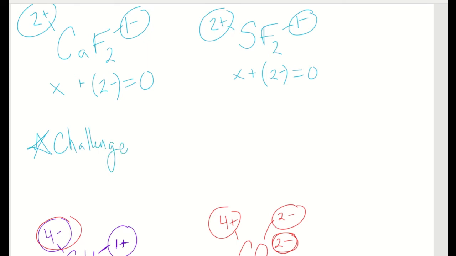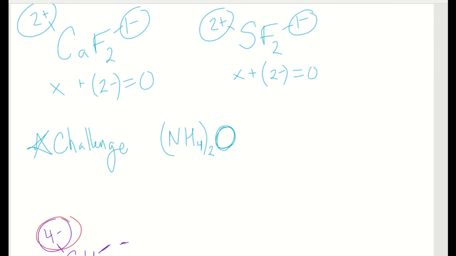Okay, last one is going to be a challenging problem. So let's say we have NH4, we have 2 of those ammonium groups, and then oxygen. All right, so we know that oxygen is going to have a 2 minus charge because it's not a peroxide, just a regular old oxygen.